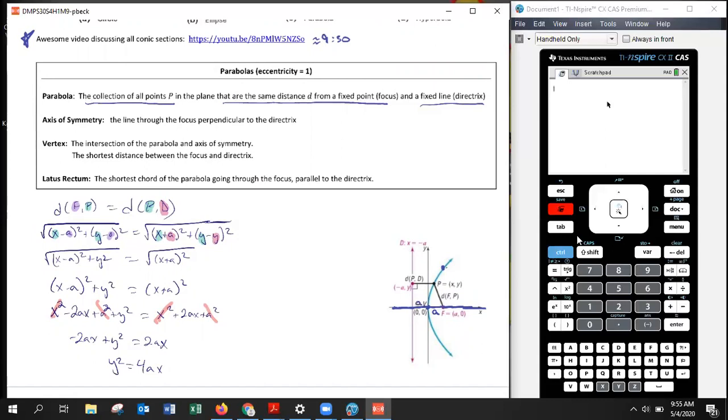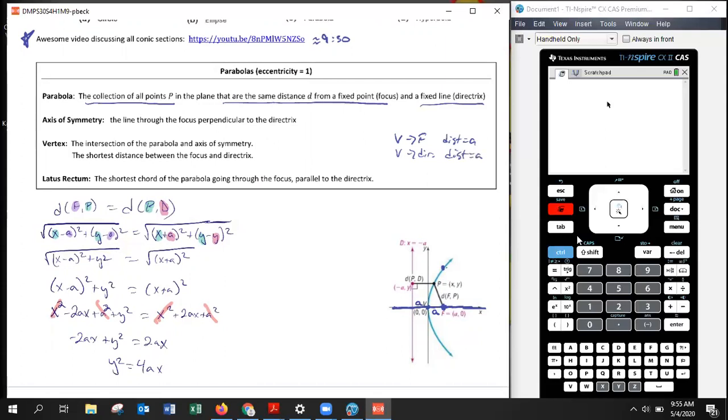So this distance A and this distance A should be the same. And as we go into our exploration, what we're going to focus on is that distance A represents the distance from vertex to focus. So vertex to focus, that distance is A. And then also vertex to directrix, that distance is A as well.